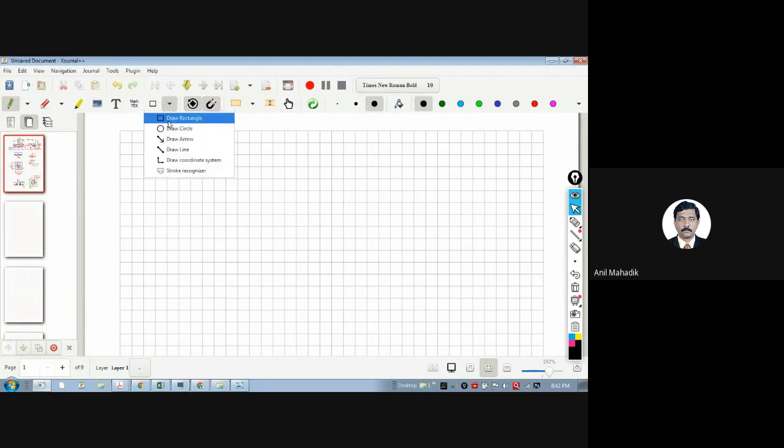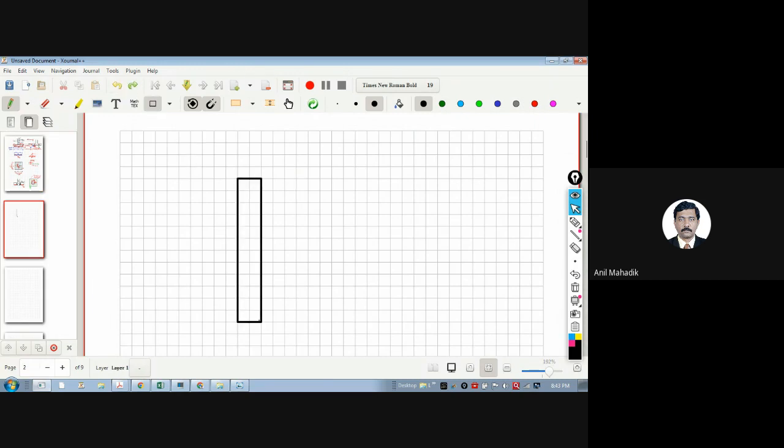So let's say we have a column here. So this is our column, which we are resting at the footing. यहाँ footing रहेगा समझो.